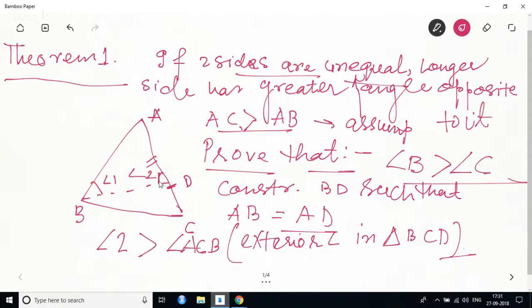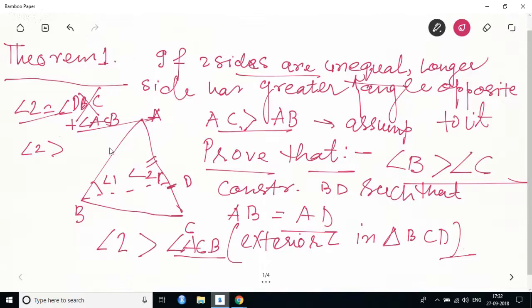Any exterior angle is equal to the summation of the two other interior angles. I am only taking one interior angle C. So I am writing here angle 2 is equal to angle DBC plus angle ACB. So definitely if I delete this DBC, angle 2 would be greater than ACB.